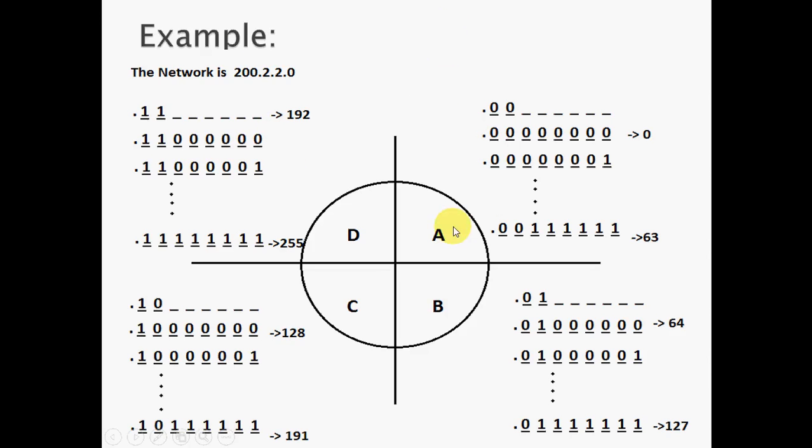In this example, we have borrowed 2 bits from the host part for the network ID.